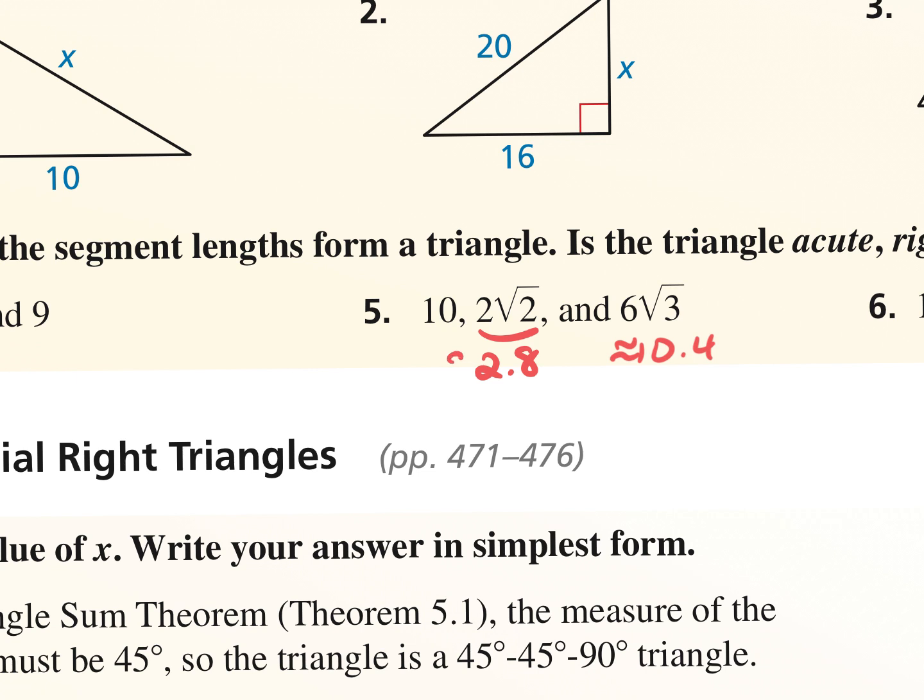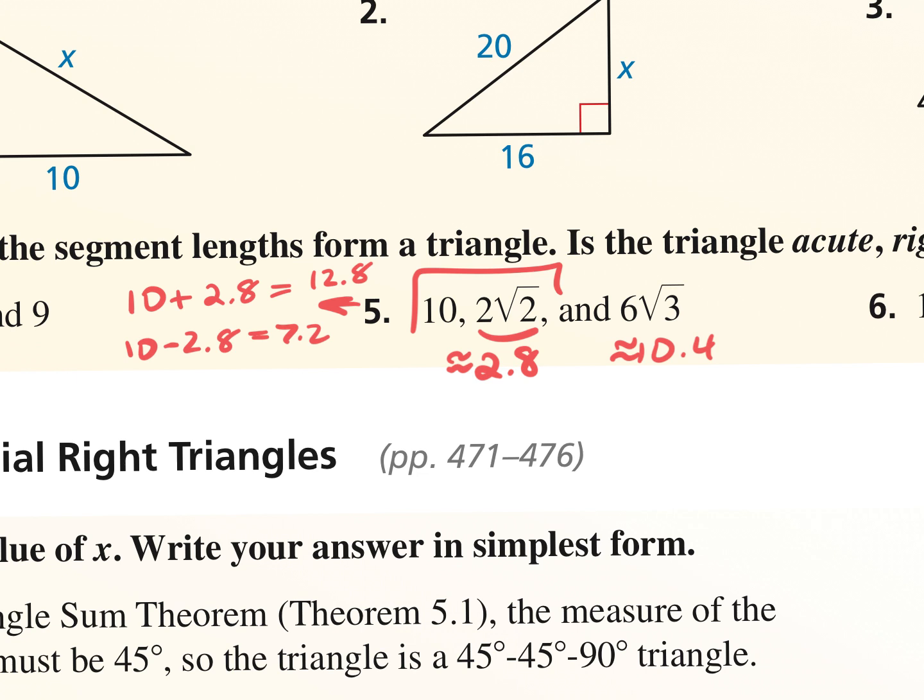These are approximate. So I can see my 2 smaller sides are these 2. So if I add them and subtract them, I'm going to see that the 10.4 fits in between that sum and difference. So 10.4 does fit in between. So yes, these will form a triangle.